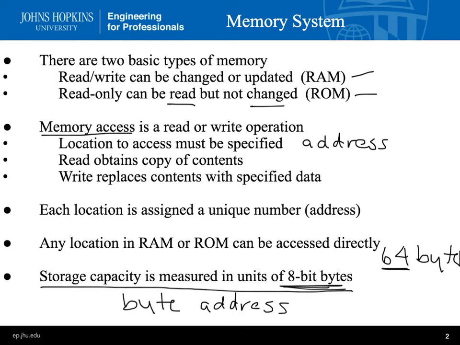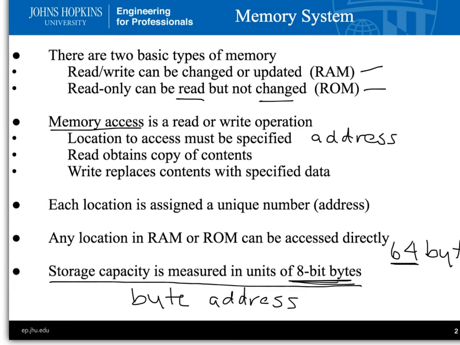So if there's 64 addresses, 64 is 2 to the 6th. So we're going to use 6 bits. So each address is going to be 6 bits. If we had to give an address that's between 0 and 63, which would be 64 addresses, that address value is going to have to be in binary.